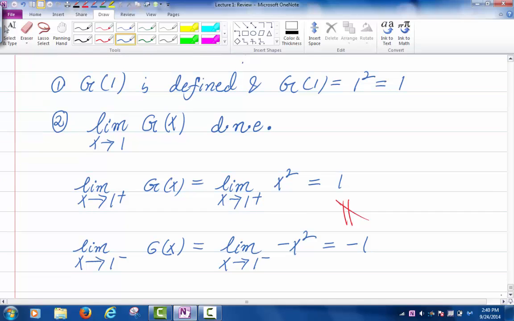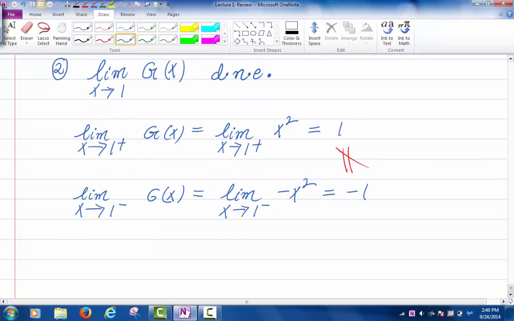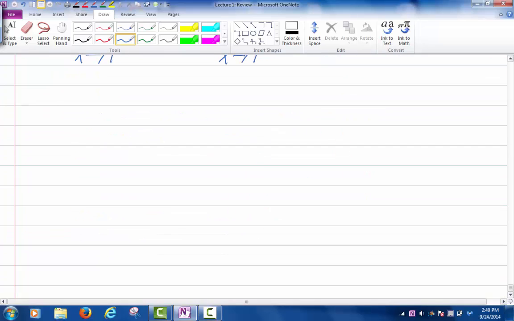And when you have a point where the left-hand limit and the right-hand limit are different, then we say that we have a jump discontinuity, okay? And look at how the graph looks like here. So this would be a jump discontinuity. Again, jump discontinuity means at a point the left-hand limit there and the right-hand limit there are different. Okay, so here's how the graph of these two looks like.